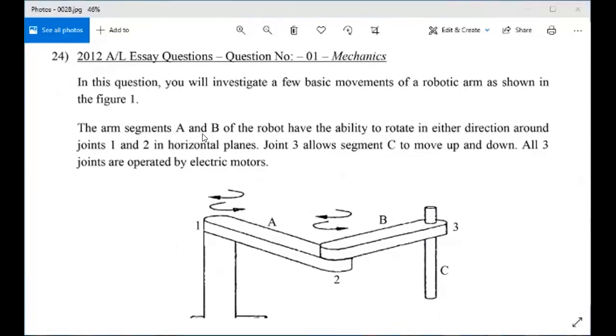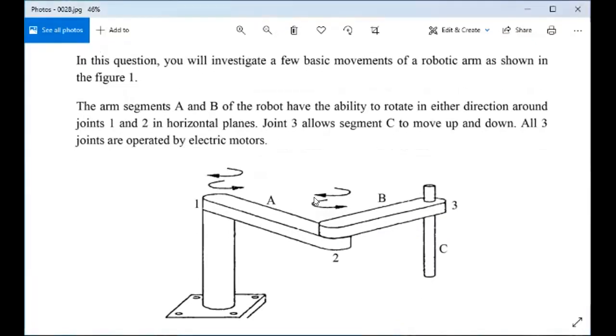The arm segments A and B of the robot have the ability to rotate in either direction around the joints 1 and 2 in the horizontal planes.